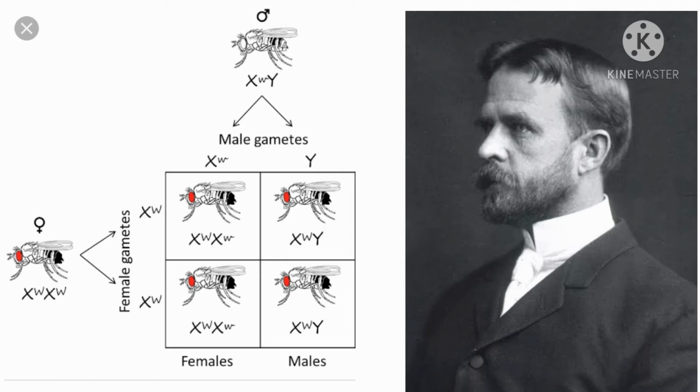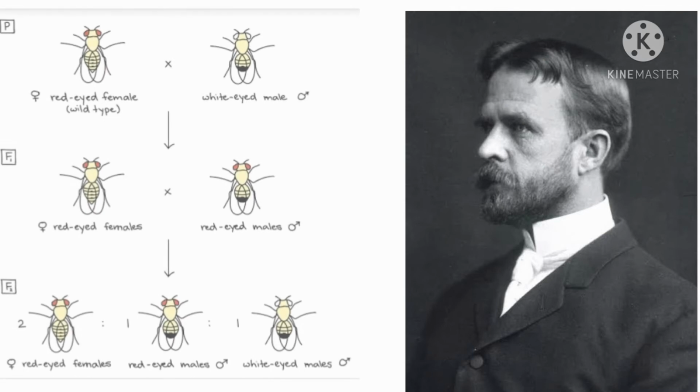So the red-eyed female contains XX chromosomes with the red gene, but on the other hand the male gametes contain a white gene, not the red gene, because it is not a homologous gene. With the white gene and the X and Y chromosomes, the F1 offspring are red. Why?